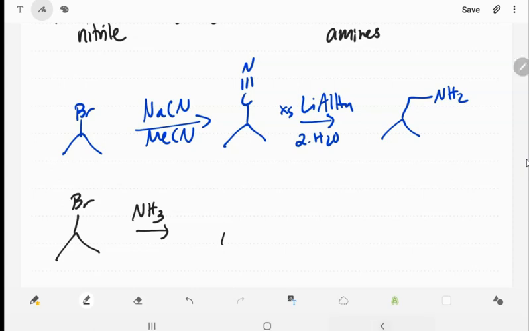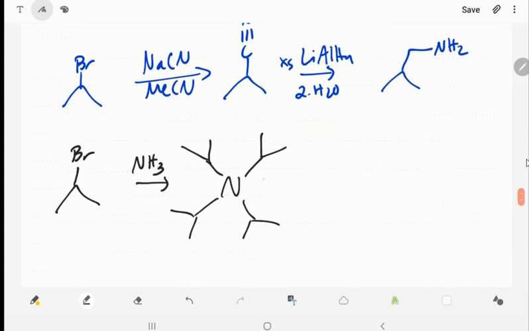We're going to end up with some craziness. Yikes. We see that, unfortunately, if we try to alkylate ammonia, we're going to end up with a quaternary amine, ammonium.